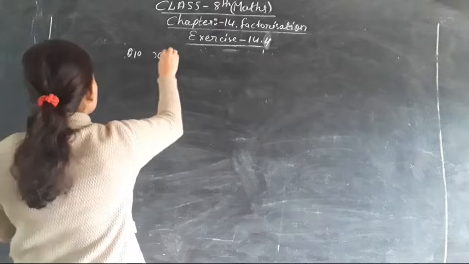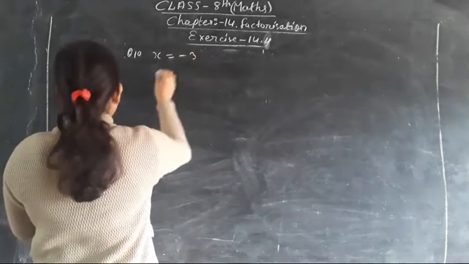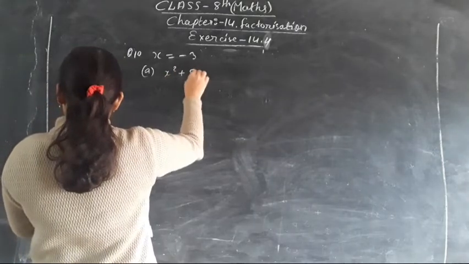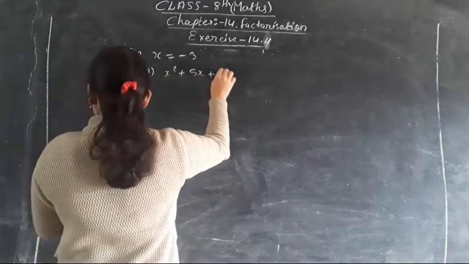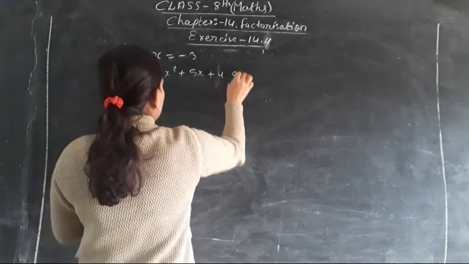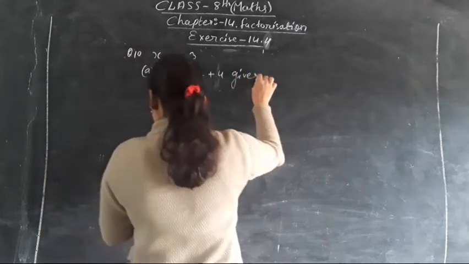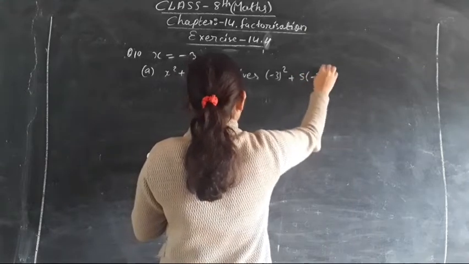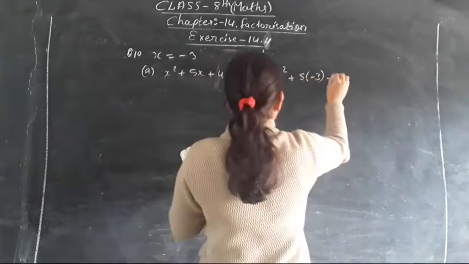Here it is given x equals minus 3, which we have to substitute in x square plus 5x plus 4. What does it give? Minus 3 square plus 5 into minus 3 plus 4.